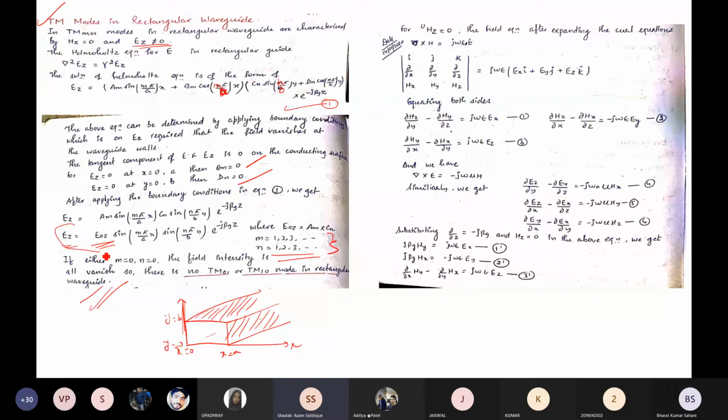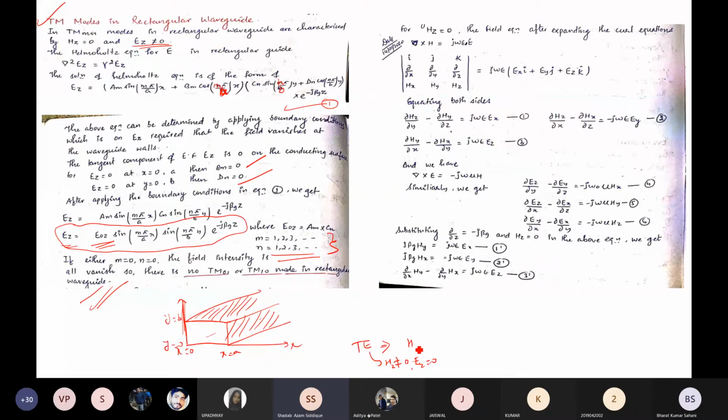This is for Ez for the TM mode. If you check for the TE mode, I'm writing here for your reference. For the TE mode, Hz should not be equal to 0 and Ez equal to 0.